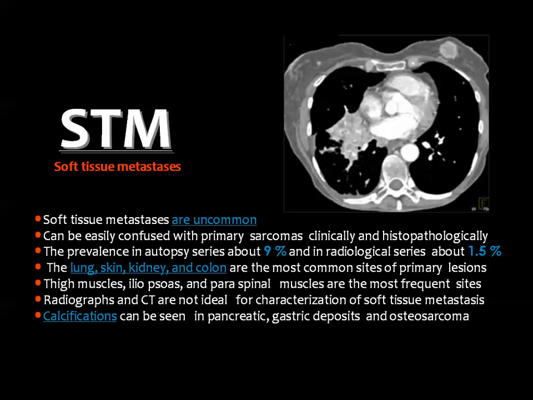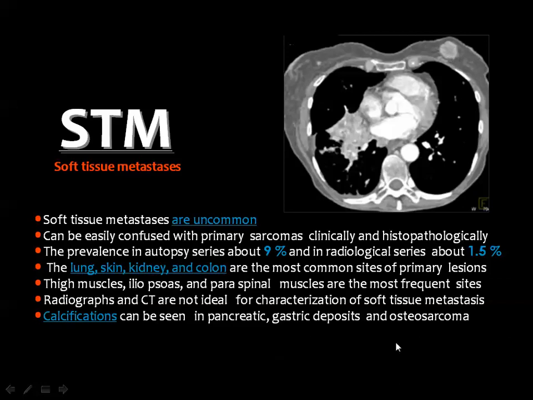Then we came to the last issue, soft tissue metastasis and soft tissue lymphoma. Soft tissue metastases are uncommon, and we can diagnose this by the presence of the primary malignancy. Sometimes you see, as in this example, a bronchogenic carcinoma and a subcutaneous deposit in the anterior chest wall.